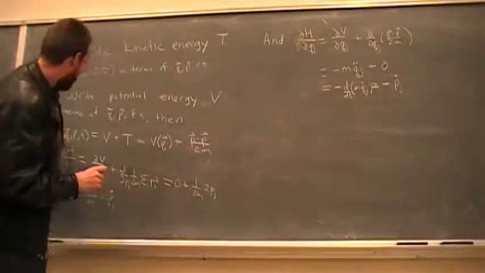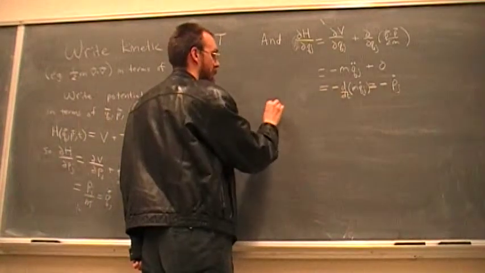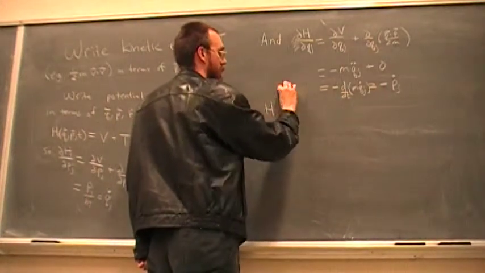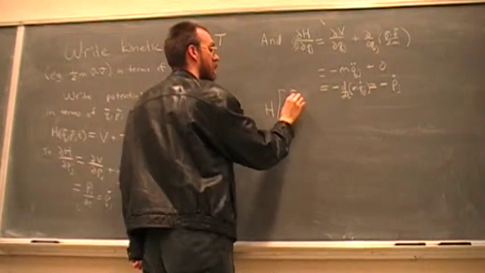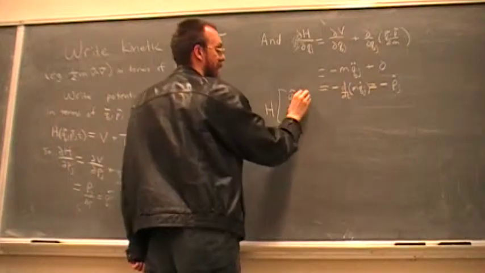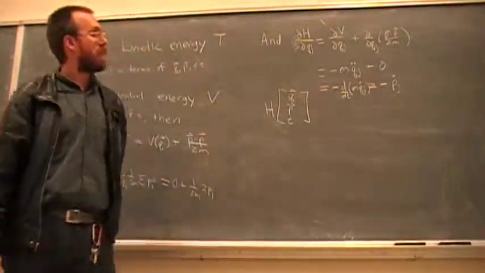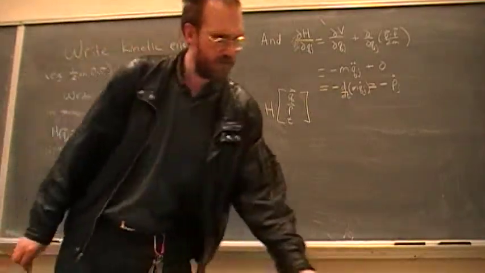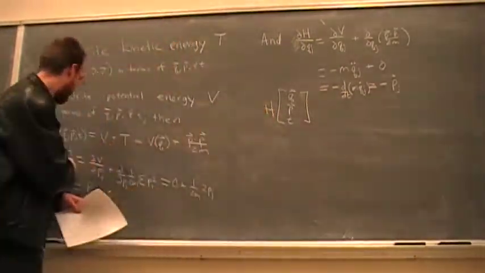One way to think of a function of two vectors is as a function of a really long vector. So what if h took as its input, list all the components of q, then list all the components of p, then list time. So h is taking this really long vector as its input. That's one way to think of this original function.